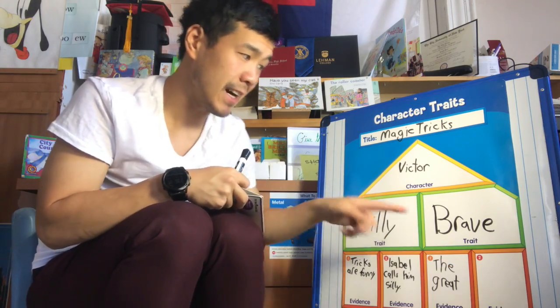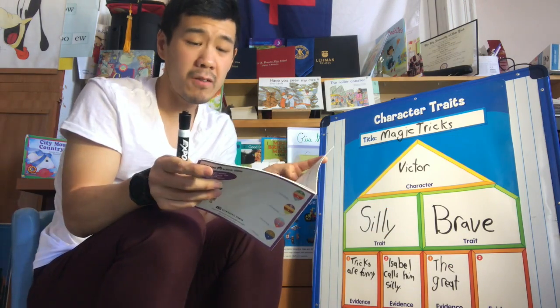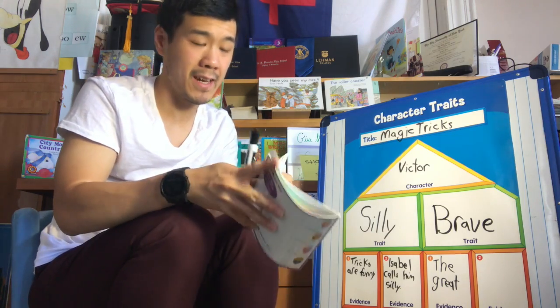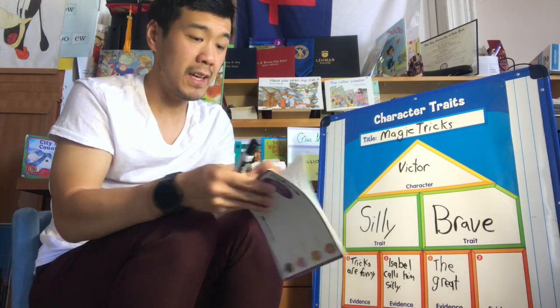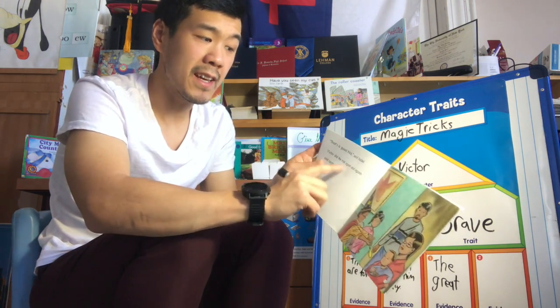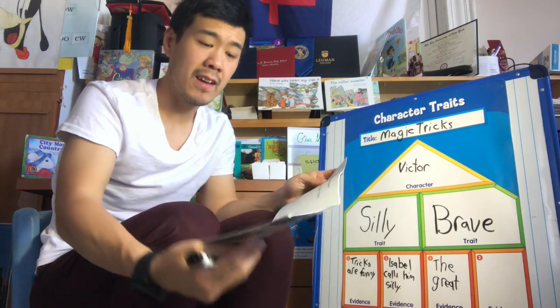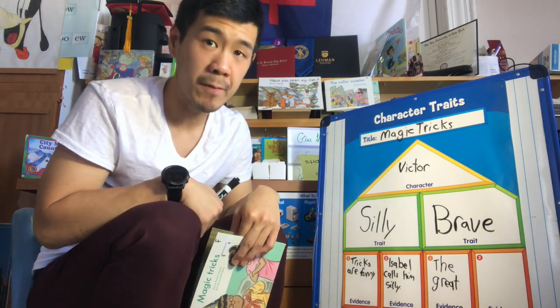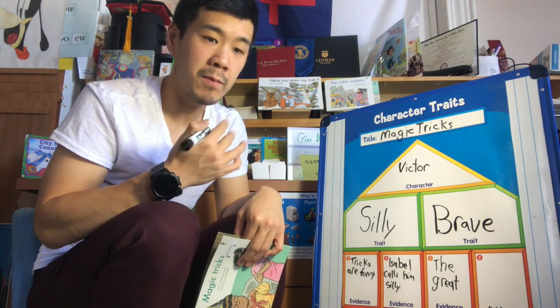And lastly, I'll call him brave because he's constantly doing tricks over and over again. It says it right here. He does the magic trick with the coin again and again and again. For someone to do something over and over again, that takes bravery. I know that sometimes it's scary.